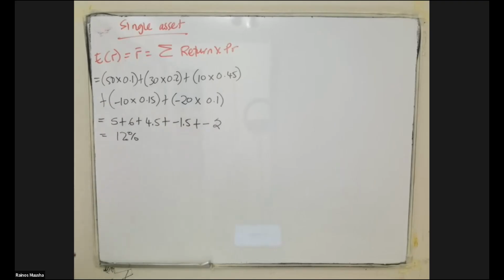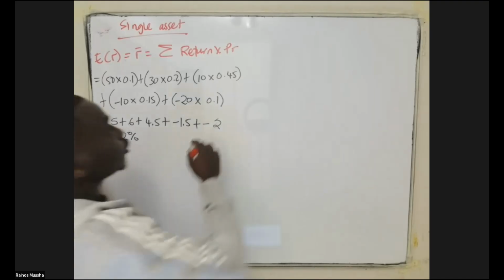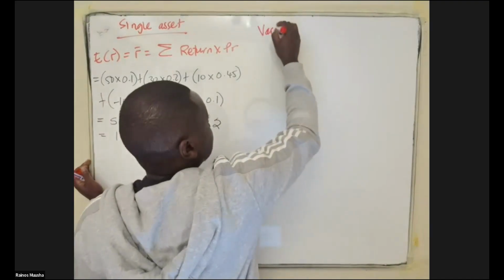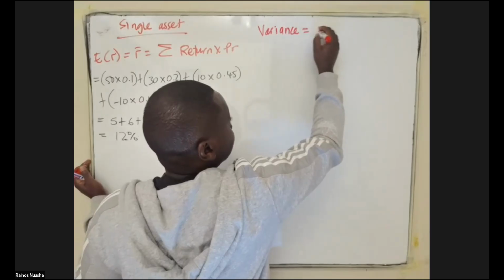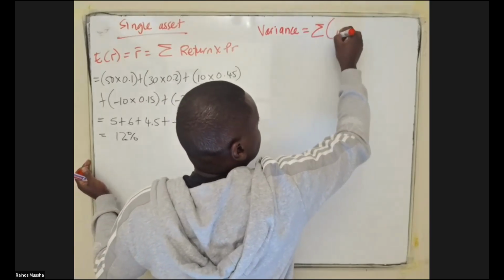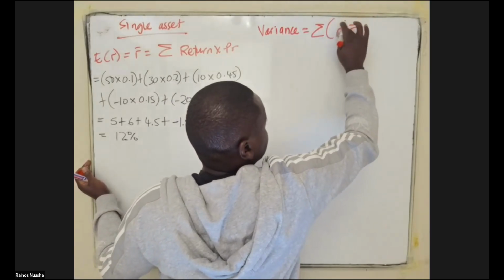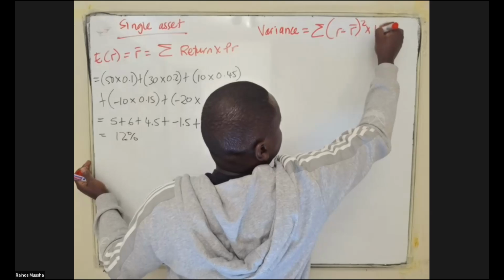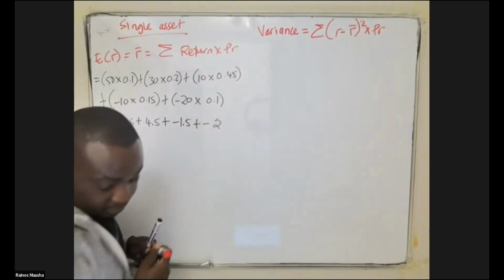Now, when it comes to calculating the risk of the single asset, we are going to be calculating the variance. Remember we said the variance is equal to the sum of the return minus expected return squared, multiplied by the probability of that return.